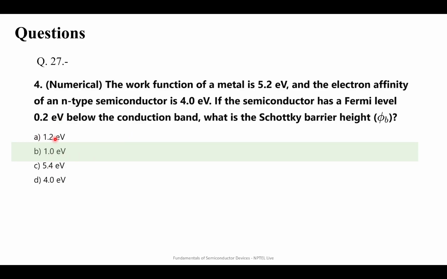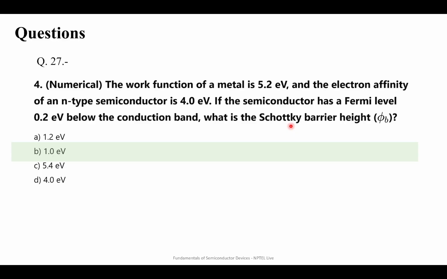In some cases, you will see the answer to be 1.2 electron volts, because sometimes the Schottky barrier height is considered between the metal work function and the electron affinity of the semiconductor. It all depends on the definition of the barrier height you are considering.